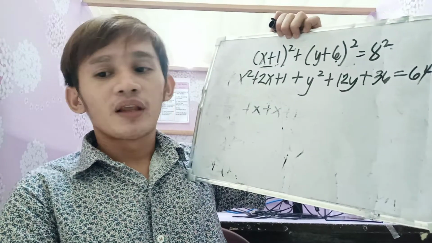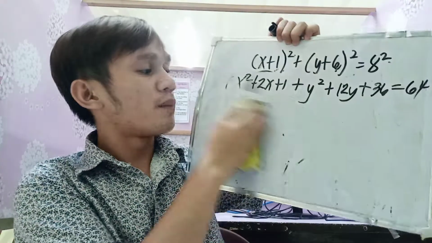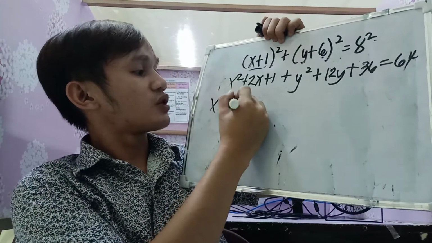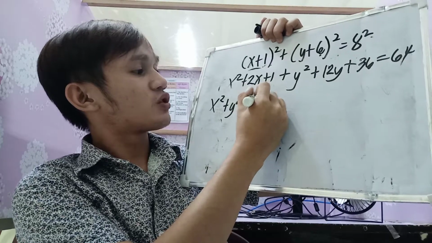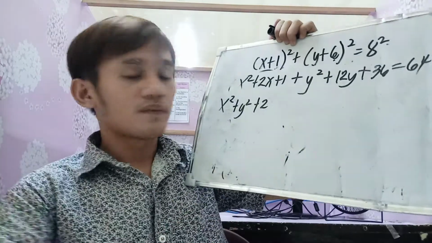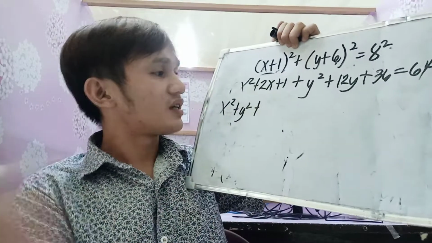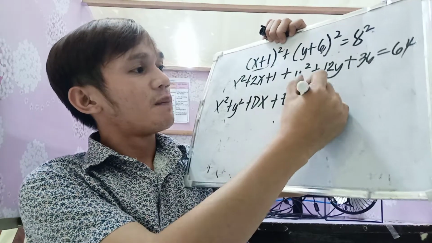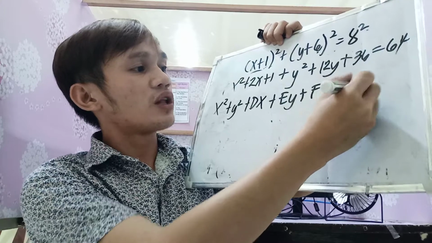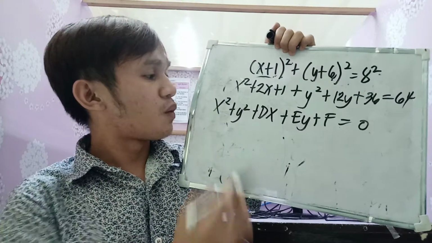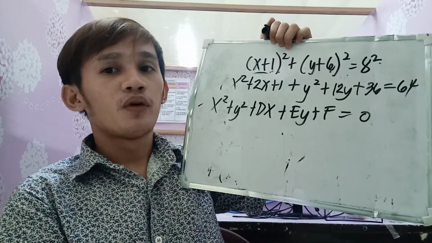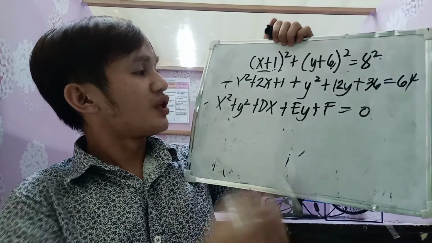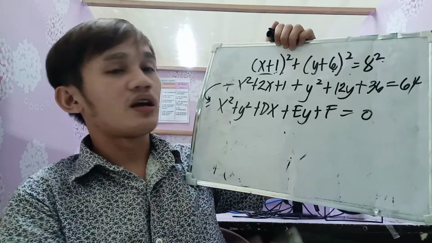Remember that our general form is written as x² + y² + dx + ey + f = 0. So this is our general form. Given this equation, you are now going to transform it here.